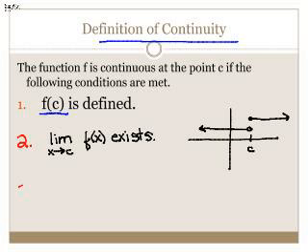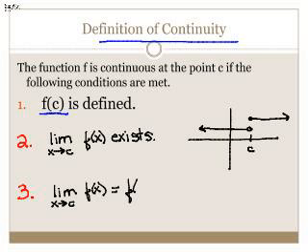The third condition is basically that those first two are equal to each other. So we would have to say that the limit as x approaches c of the function, the value we get for the limit at c, has to equal the value of the function at c.